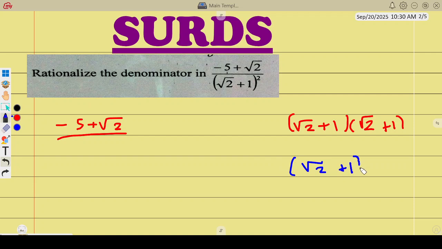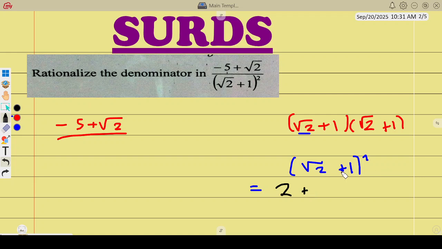So I'm going to use my shortcut. So for you, you can multiply 1 by 1 if it is more simple. Yeah, so you just say what is root 2 times itself. That is the shortcut. What is root 2 times root 2? You just remain with 2. Root 2 times root 2, it is 2.